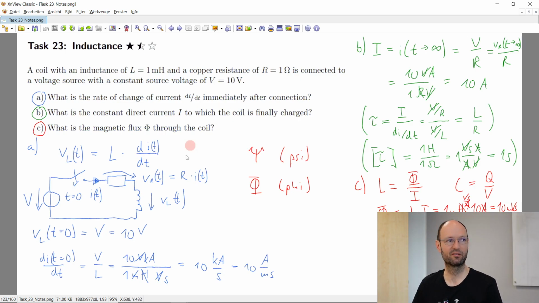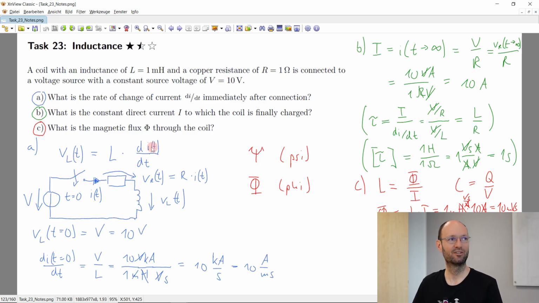And so this is maybe some misconception or some misunderstanding. Even if we have no current through the inductor, we still can have a voltage across the inductor. Because if we close the switch for a short moment, the current is still zero, but it's changing, and that's why we get this voltage here.